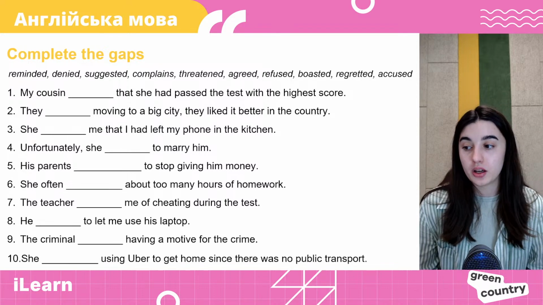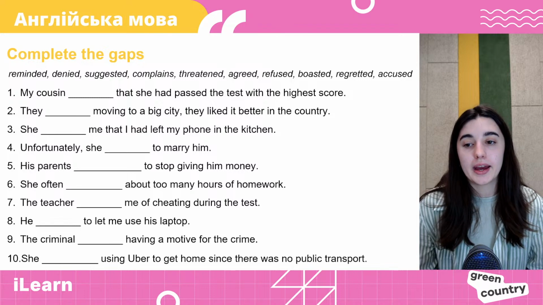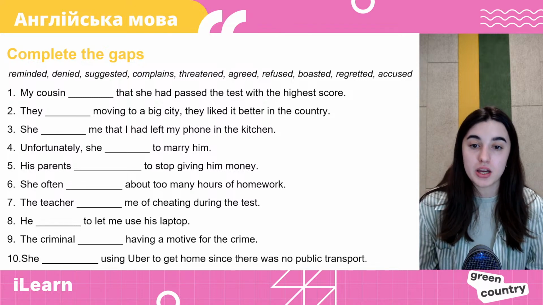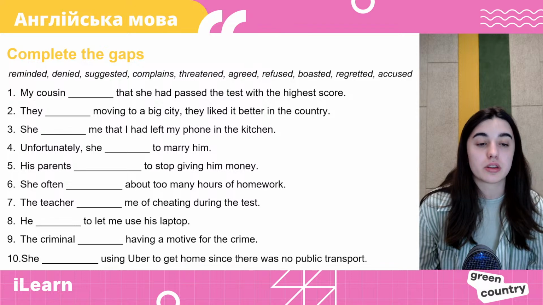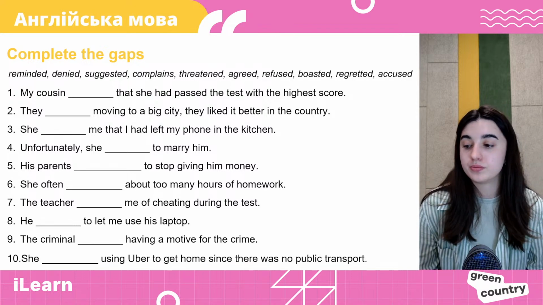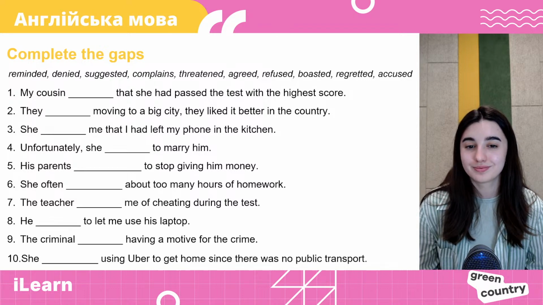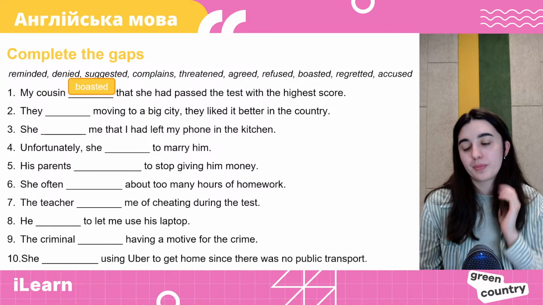So now we will work with the first sentence: my cousin boasted that she had passed the test with the highest score. Okay, you think it's boasted, and that is correct.